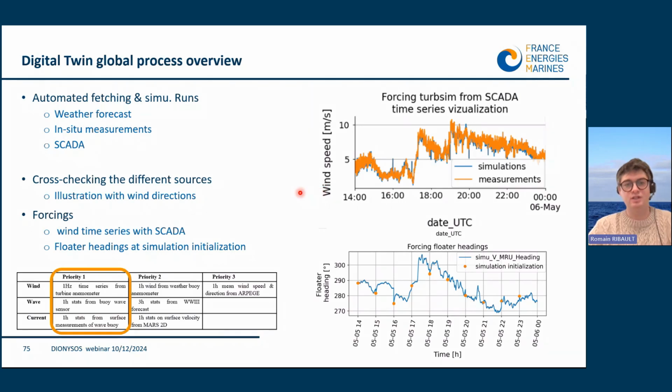Once we get the data, we can first pre-process the wind field. So you can see that on the right here, we have the 1 Hertz wind speed and direction at the nacelle, and with TurbSim we compute complete wind fields which match the anemometer values.